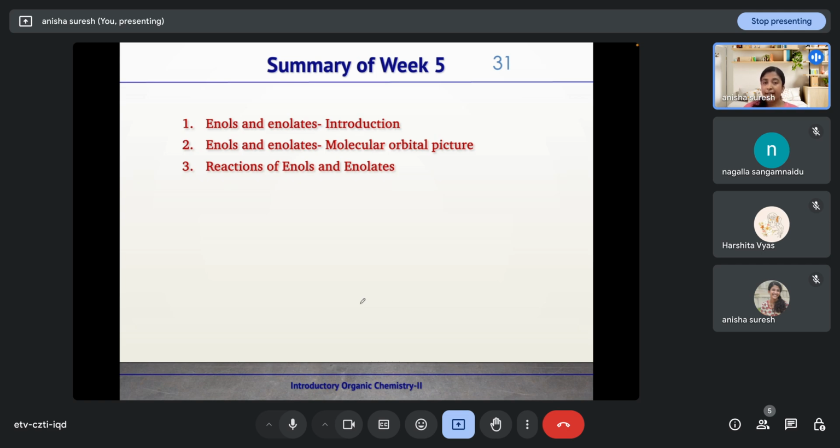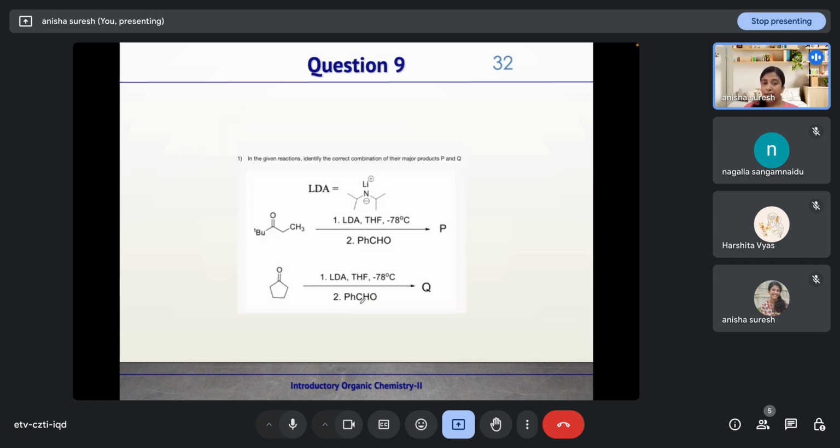Okay. Now coming to the summary of week 5. In week 5, enols and enolates were discussed, followed by their molecular orbital picture and the reactions of enols and enolates. So this is the question.